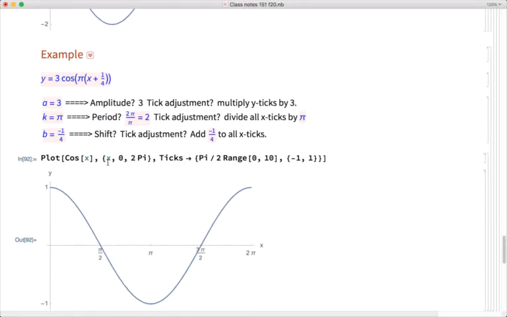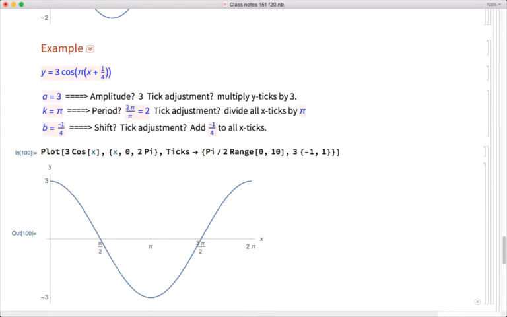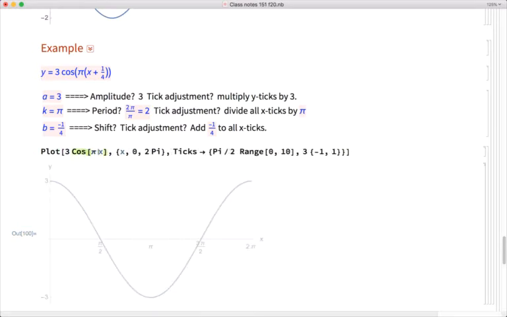What's the first thing? Multiply the y ticks by 3. So that's 3 cosine x. And now we'll work on the pi x. So we're going to put a pi in here. Sorry, I was looking at the wrong line. We need to divide all of our x ticks by pi. So now we're only going to plot out till 2.